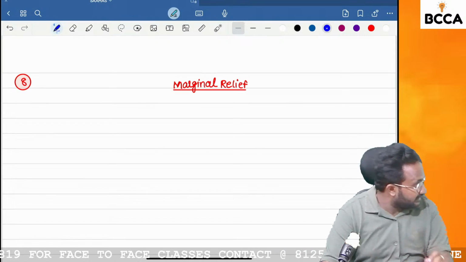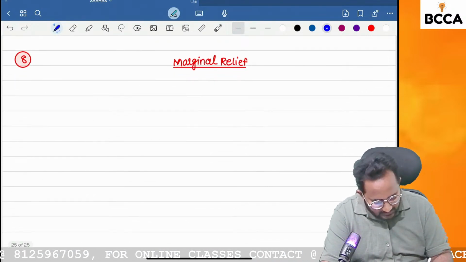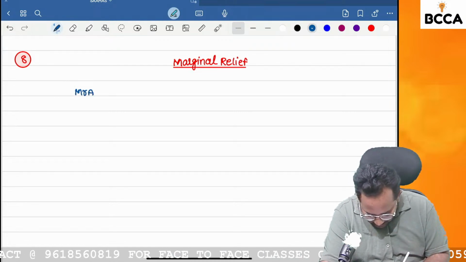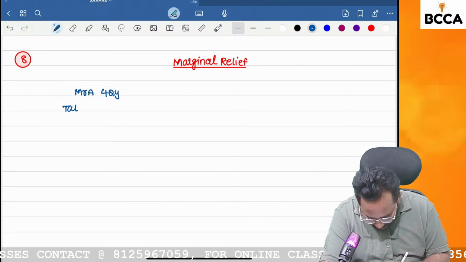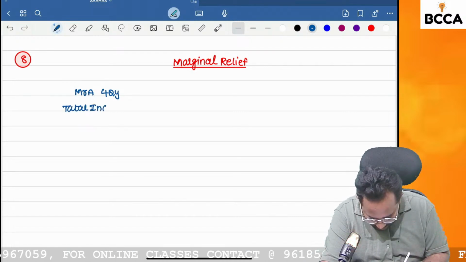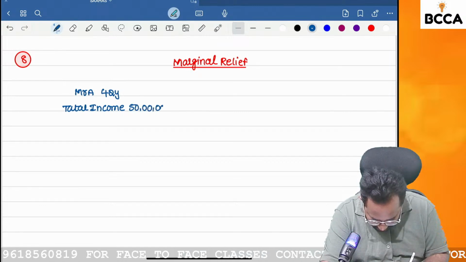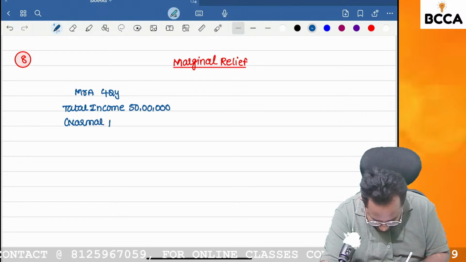In order to understand the concept of marginal relief, I want to take one illustration as an example. Mr. A is 42 years of age and his total income is 50 lakh, and he follows the normal tax rates.